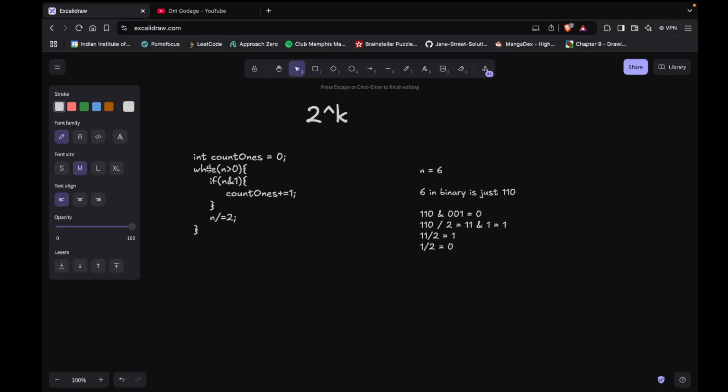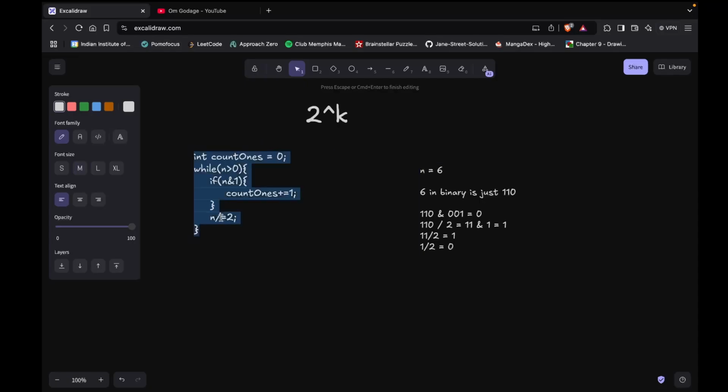So what we are doing over here is checking if the bit at the units place is 1 or not. For 11 over here, the bit at the units place is a 1. So whenever we encounter that, we just increment count ones by 1, and then we get rid of this bit and keep on doing this for all the bits that are there in the number.